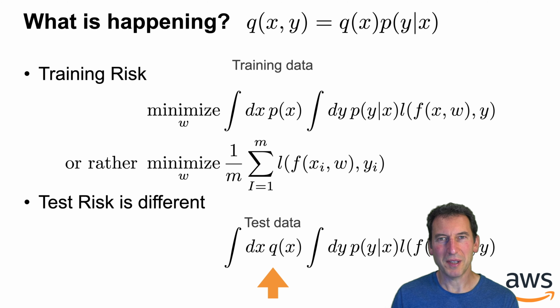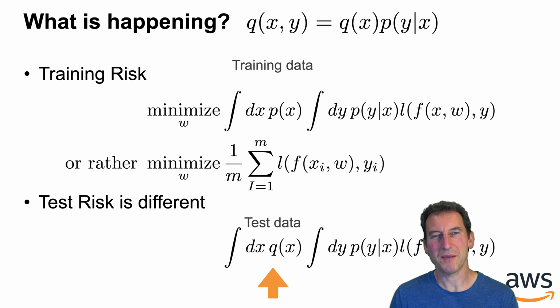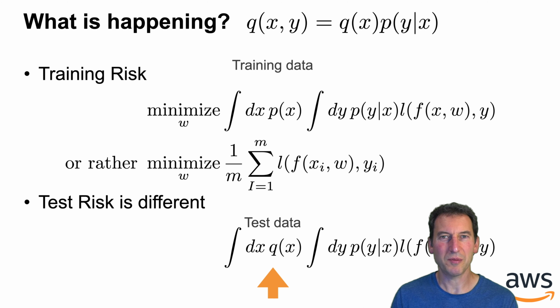So let's formalize that a little bit. What I am assuming is that I have some distribution Q of x and y, where the conditional distribution, P of y given x, remains unchanged, but the distribution over the covariates, the things that occur, is different.